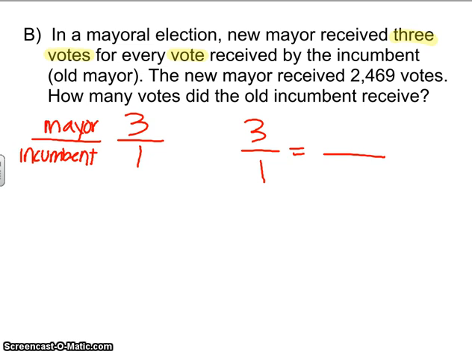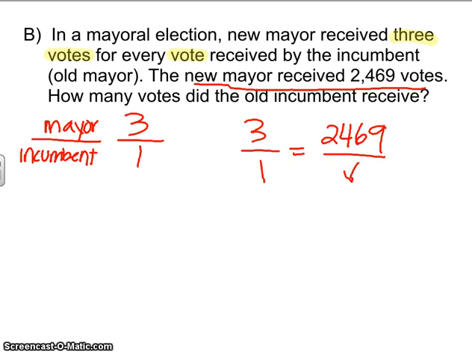What else do we know about the new mayor? The new mayor received how many votes? Okay, so the new mayor we're talking about needs to be on top. And do we know what the incumbent received? The incumbent on the bottom, we don't know. What's a good variable? What do these numbers represent? Votes. I'm going to use V.